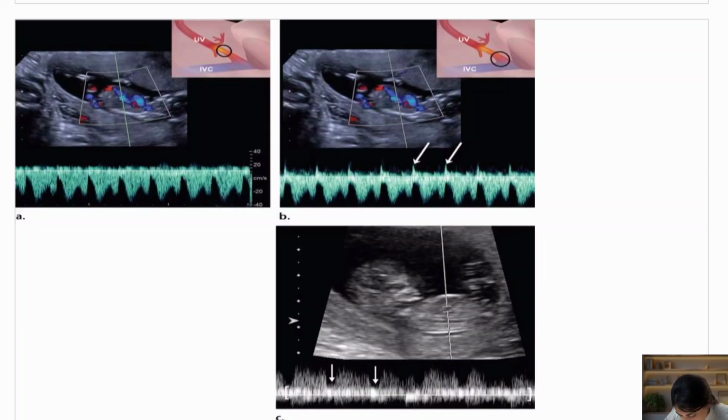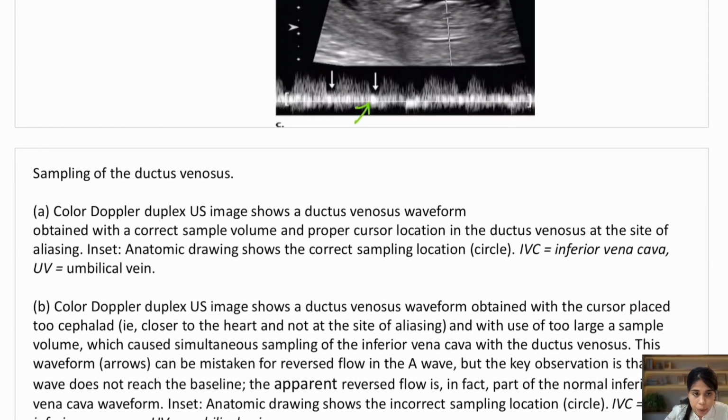Like here there is a superimposed waveform pattern of artery also, here the superimposed waveform pattern of portal vein also. So, make sure that the pulsed Doppler sampling is done at the site of aliasing, and that should not be much towards the IVC. It should be at the site of aliasing, the sample volume should be small, and the insonation angle should be less than or equal to 30 degrees.